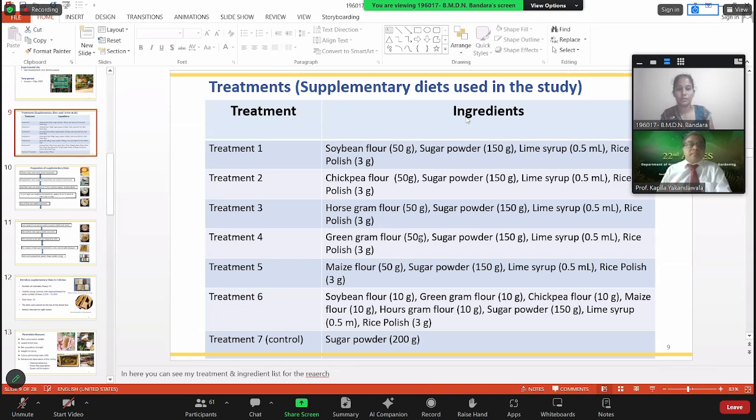What you have observed was treatments, if I remember correctly, 1, 5, and 6, right? What were the treatments that you are recommending as good supplementary diets? I recommended treatments 6 and 1, madam. 6 and 1. So soybean flour 50 grams, sugar powder, lime syrup.